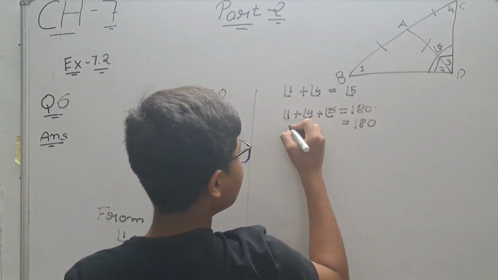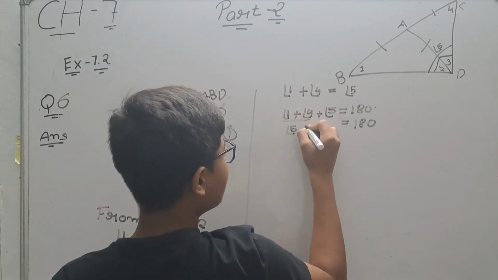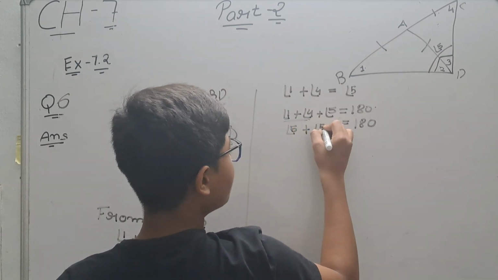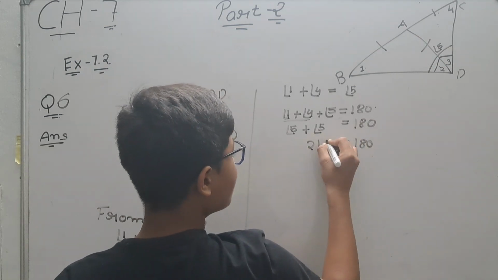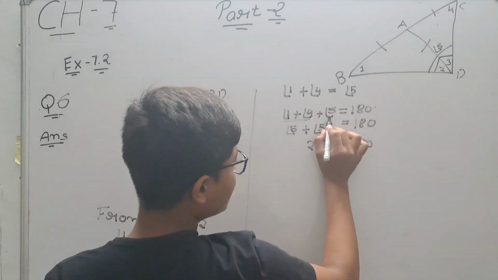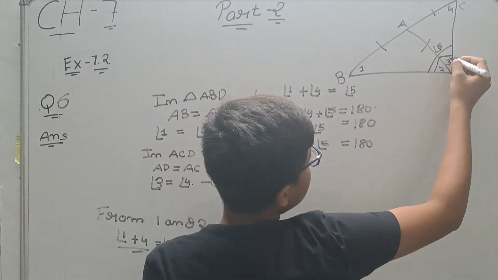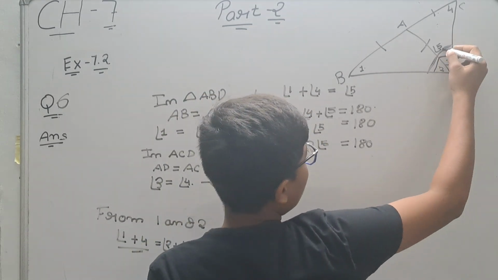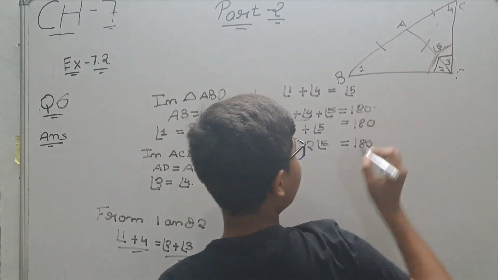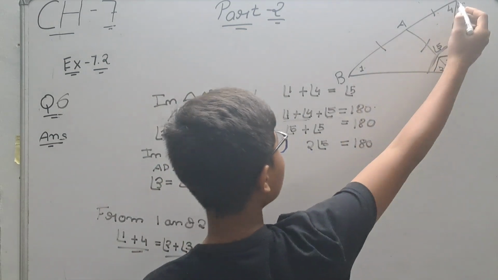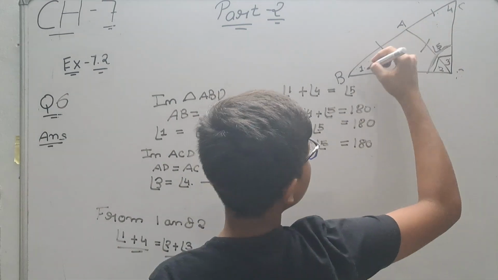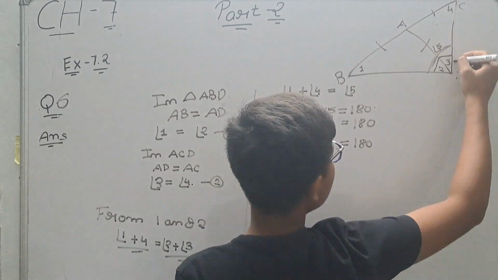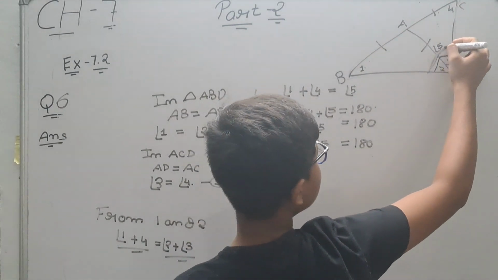So we can say that angle 5 plus angle 5 is equal to 180. Why have I written 2 times angle 5? Because we have proved angle 2 plus angle 3 is equal to this whole angle, and this we have denoted by angle 5. When we add angle 4 plus angle 1, when we add both these angles, we will get this whole angle too.